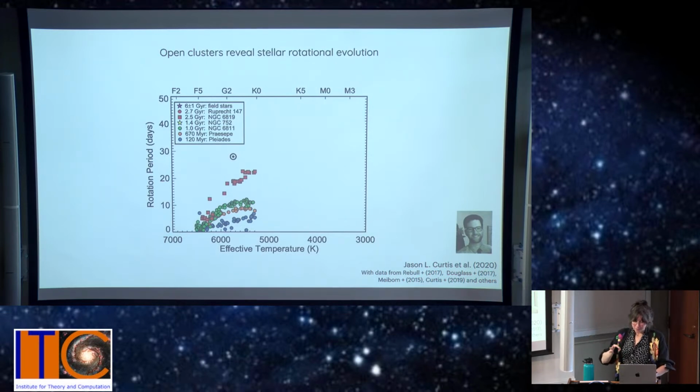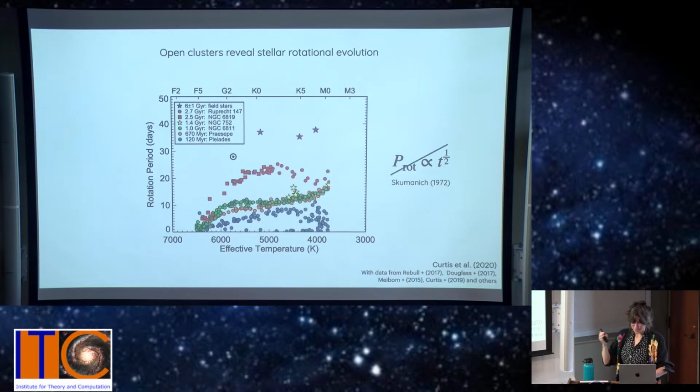But there's the Skumanich relation again. In 2020, Jason Curtis published this result, which shows something. There's certainly another departure from Skumanich, like spin down, a departure from this simple power law projected forward in time.